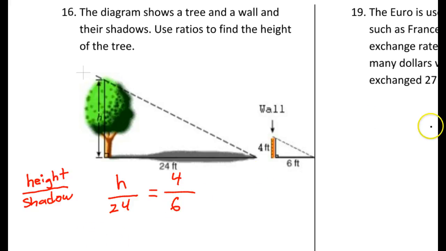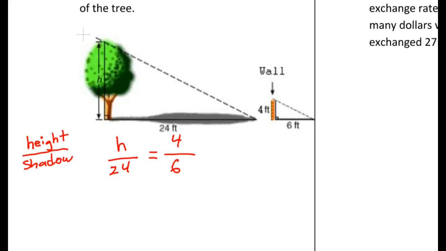Alright, we can go ahead and solve this. A couple ways of doing it. Again, you can think of it like the opposite of reducing a fraction, since we know 6 times 4 is 24. So we multiply top and bottom by 4. Or we can cross multiply. Either way will do the same thing. I want to cross multiply. 6 times h is 24 times 4.